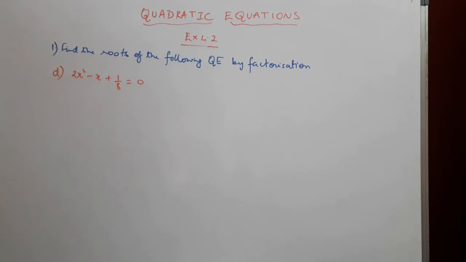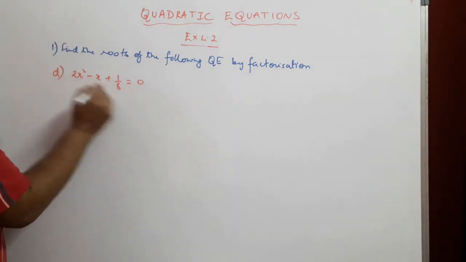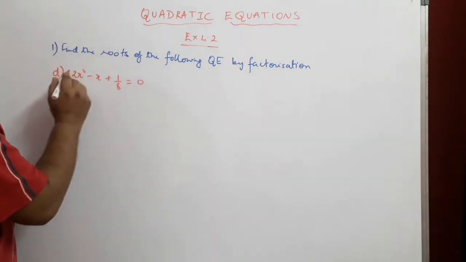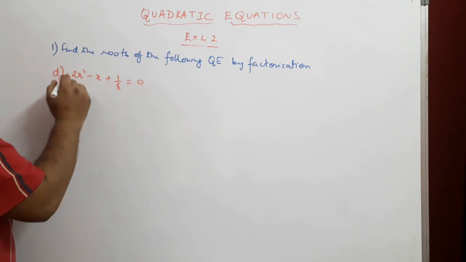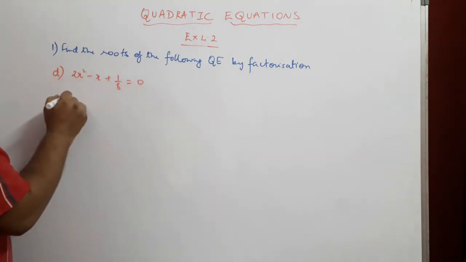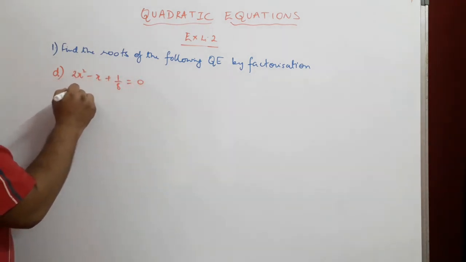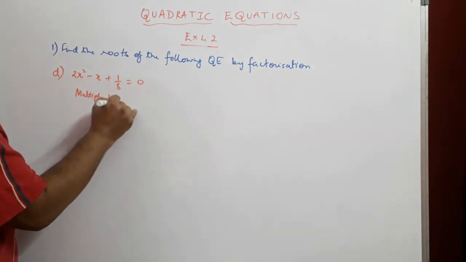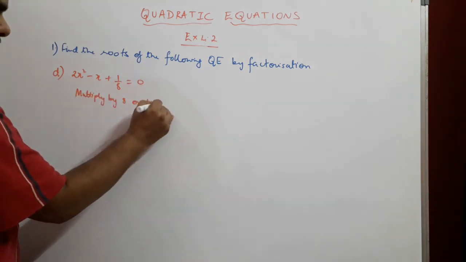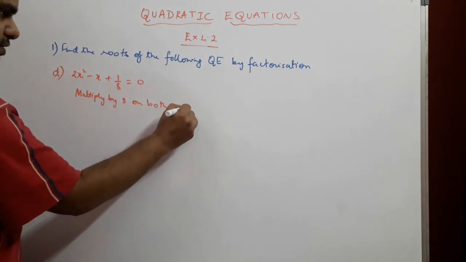Next problem is 2x square minus x plus 1 upon 8 equal to 0. To get rid of this 8, I'll multiply by 8 on both sides to balance it.